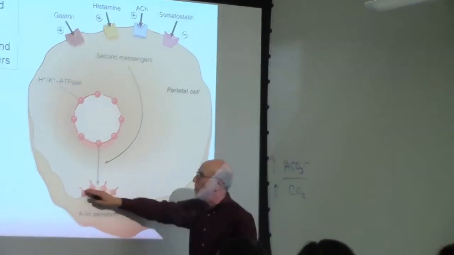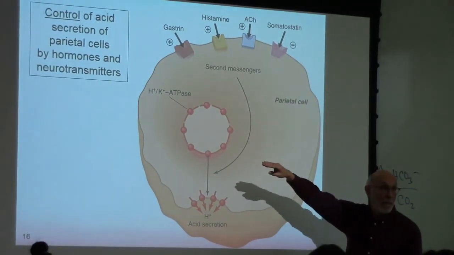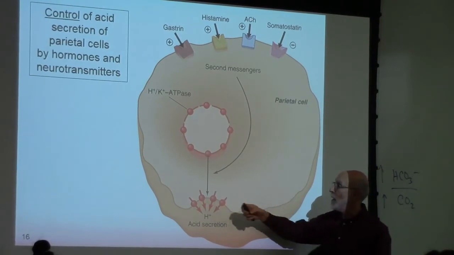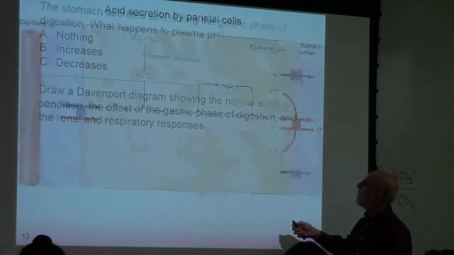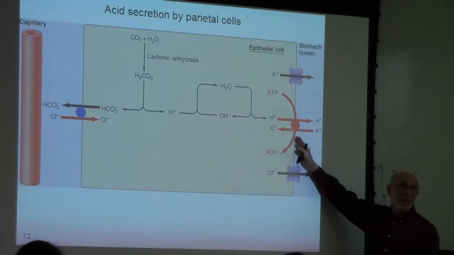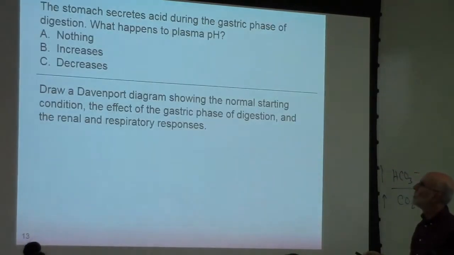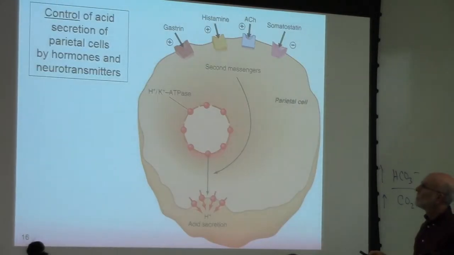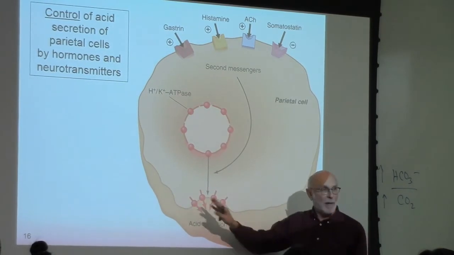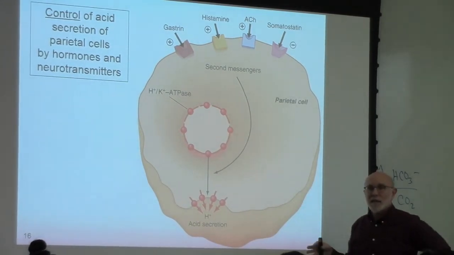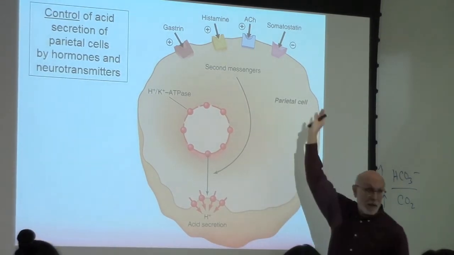This is the apical membrane of the parietal cell, and this is the basolateral membrane. The apical membrane is where the proton pump pumps acid into the lumen of the stomach. This slide makes me crazy because I have to spend a lot of time getting everybody oriented. But here's the apical membrane, and there's the basolateral membrane.